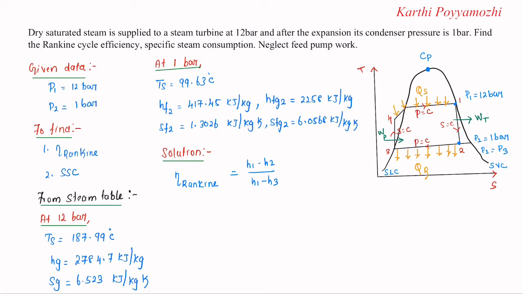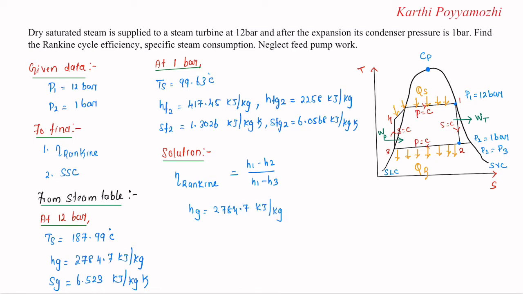Since H1 is at state point 1 and the pressure is 12 bar, the values of Hg and entropy are taken at pressure 12 bar. Therefore, the value of Hg taken from the steam table is 2784.7 kilojoule per kg.